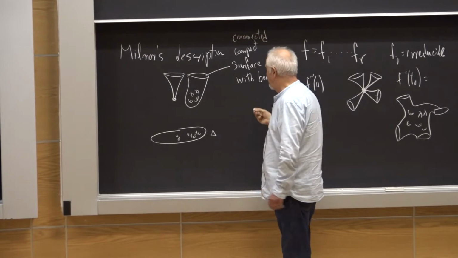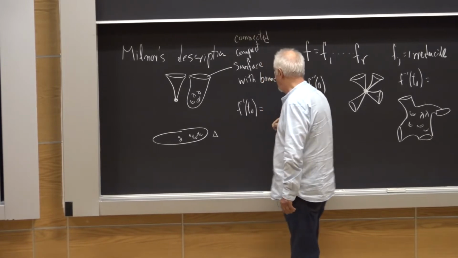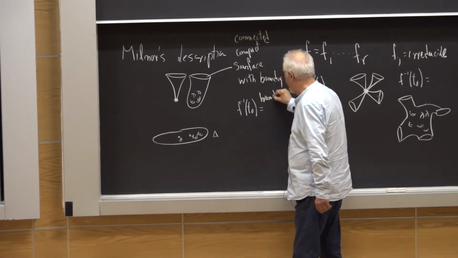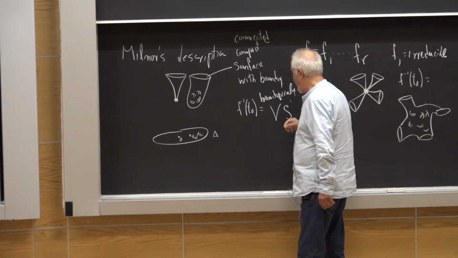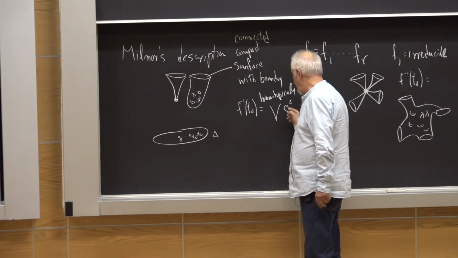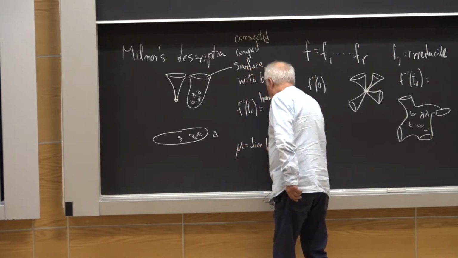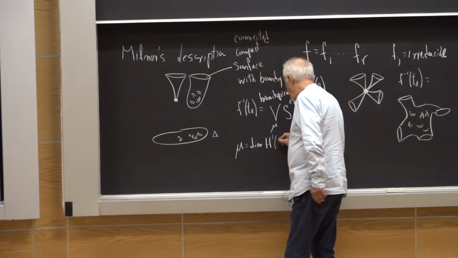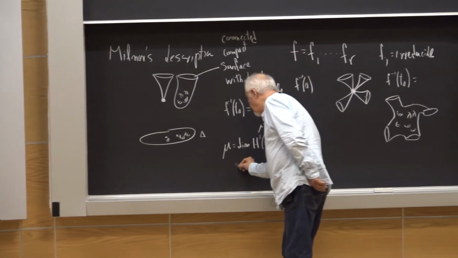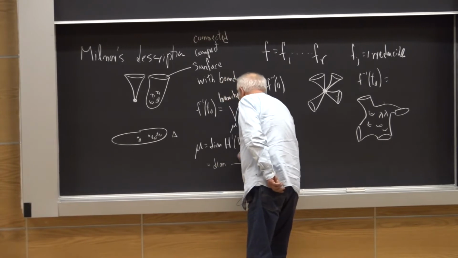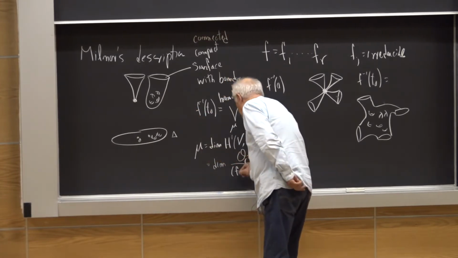Then Milnor's description asserts that this f^-1(t0) is homotopically a bouquet of mu one-dimensional circles, where mu is equal to the dimension of the first cohomology group of V with complex coefficients, and it can also be characterized as the dimension of O of C2 at 0 divided by the ideal generated by the partial derivatives f0 and f1.